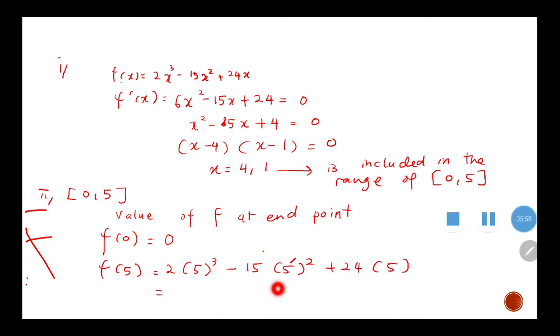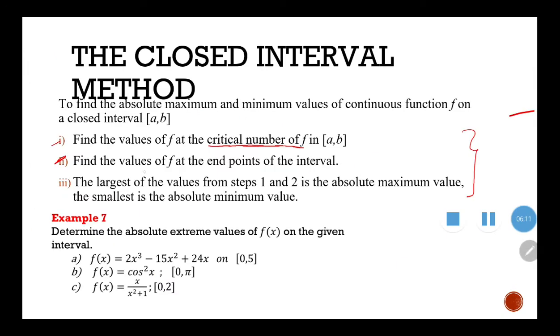Then what will you get? You will get 5. Okay? So this answers checklist number 2. Find the values of f at the endpoints of the interval.